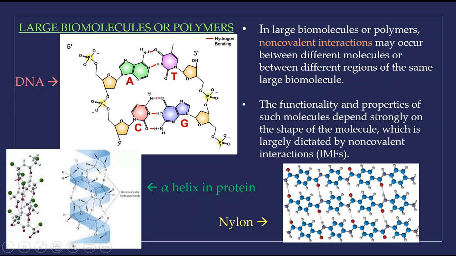So we have the first example up here, DNA. I'm sure a lot of you remember from biology the nitrogen bases: A, adenine, pairs with T, thymine, and C, cytosine, pairs with G, guanine. They make up the ladder part of the double helix in DNA, and they are held together, the nitrogen bases in the middle part that makes up the ladder, all by hydrogen bonds.